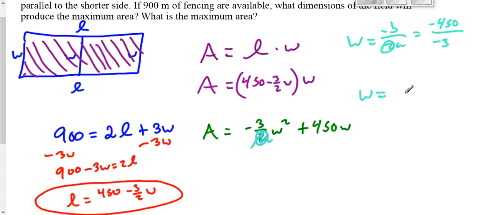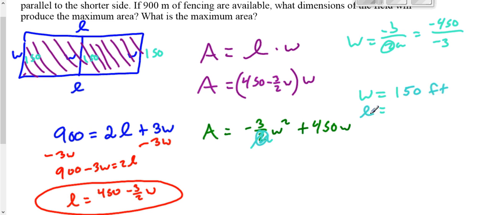So W needs to be 150 feet. So we want to find the dimensions. So we know what W is.